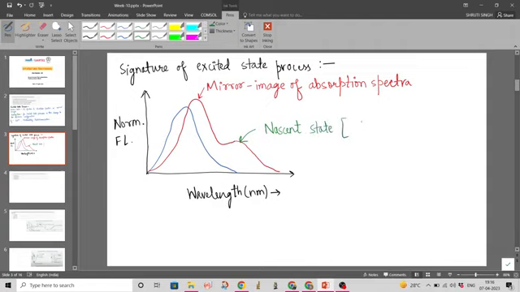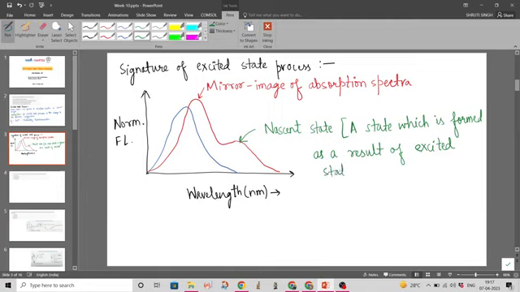This nascent state is the state which is formed as a result of the excited state reaction or excited state process. So it is at the red shifted region.